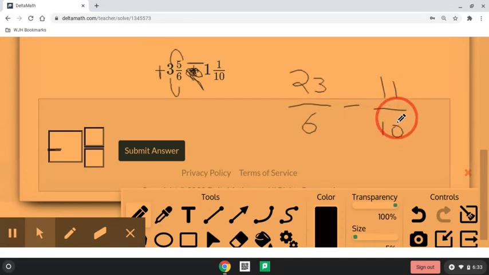Now we have to find the least common denominator, which I could usually start writing out multiples, but I know that the least common denominator in this case is going to be 30 if I had written it out. So we need to get this over 30, so we'll have to multiply it by 5.